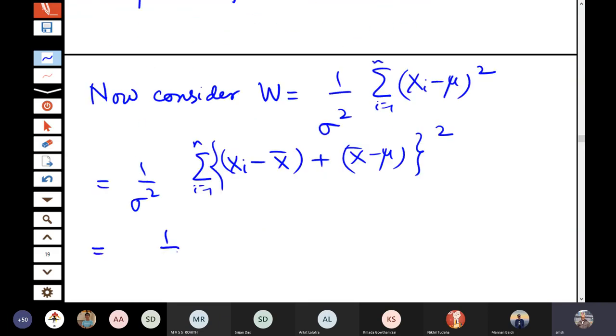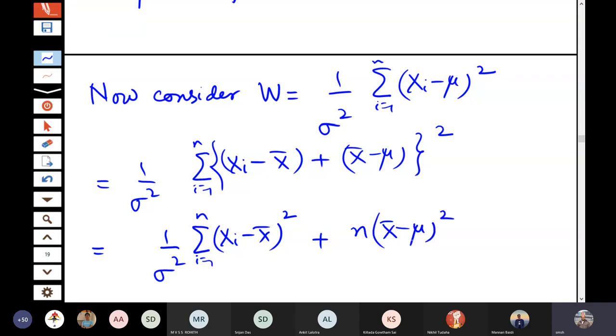So this is nothing but 1 by sigma square sigma (xi minus x bar) square, i equal to 1 to n, plus n (x bar minus mu) square by sigma square, and the cross product term will cancel out because you will get 2 times (x bar minus mu) sigma (xi minus x bar). Sigma of (xi minus x bar) is 0, therefore the cross product term cancels out.